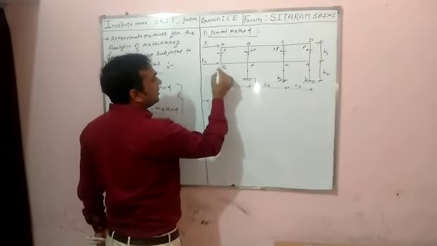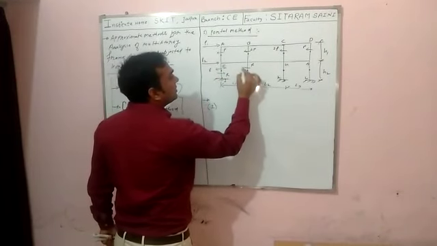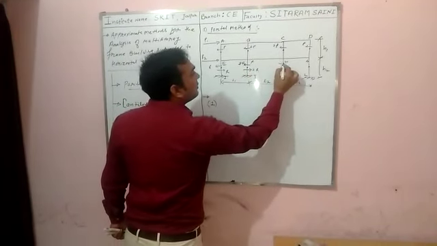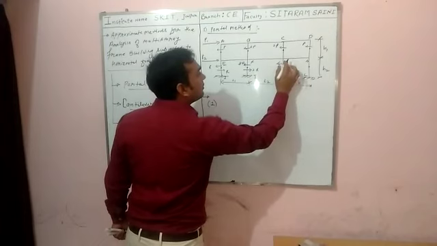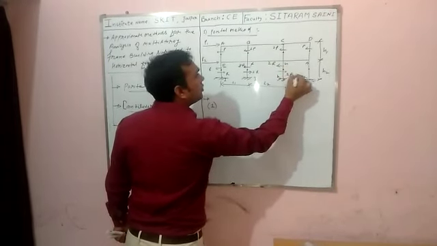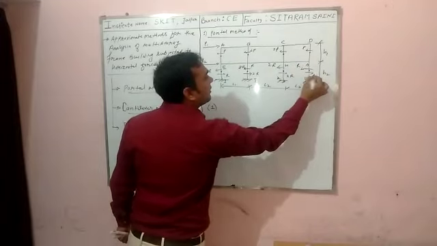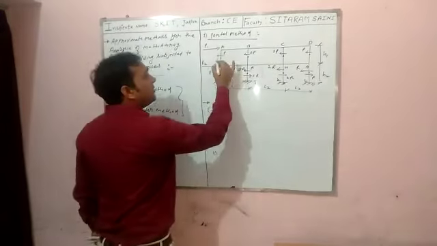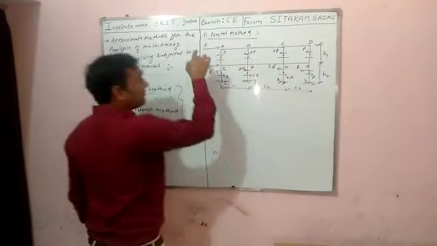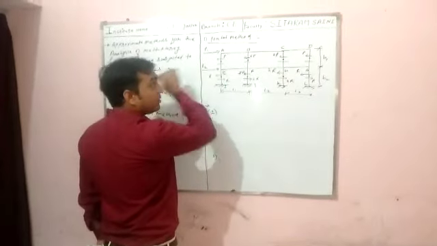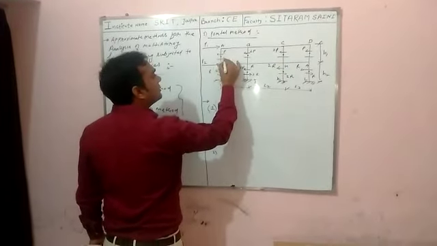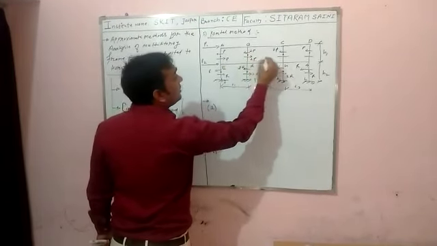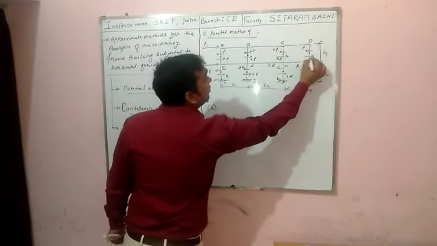And for the bottom story, R, similarly 2R, 2R, and R. The horizontal force is shared by all the columns: P, 2P, 2P, P.